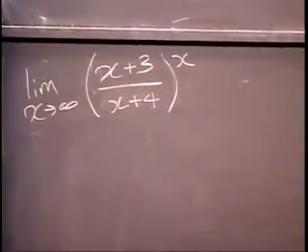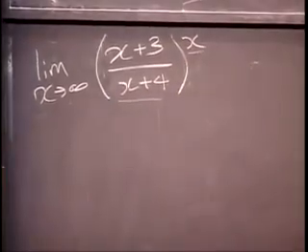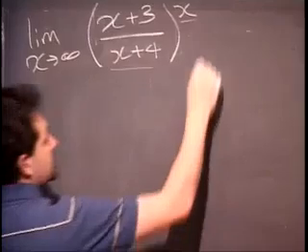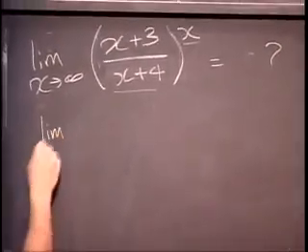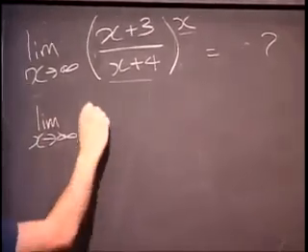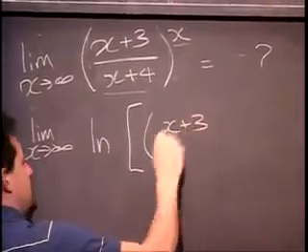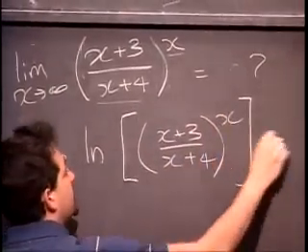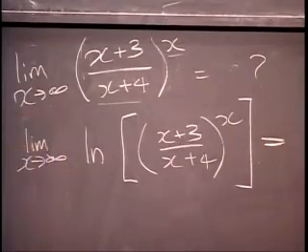Well, this is a case where both the base and the exponent involve x. So we better take instead the logarithm of it. That's the technique from chapter 14. Take the logarithm of (x plus 3) over (x plus 4), to the power of x, and we'll see if we can find out what that is. If we know this, we should be able to work out this.